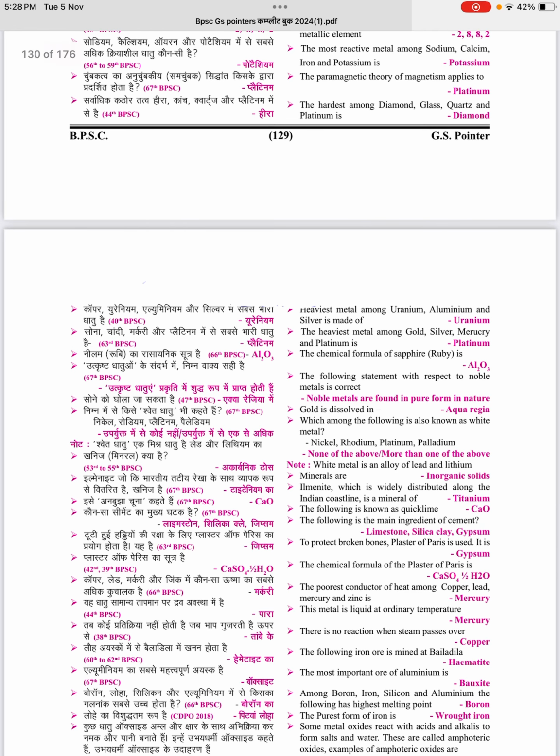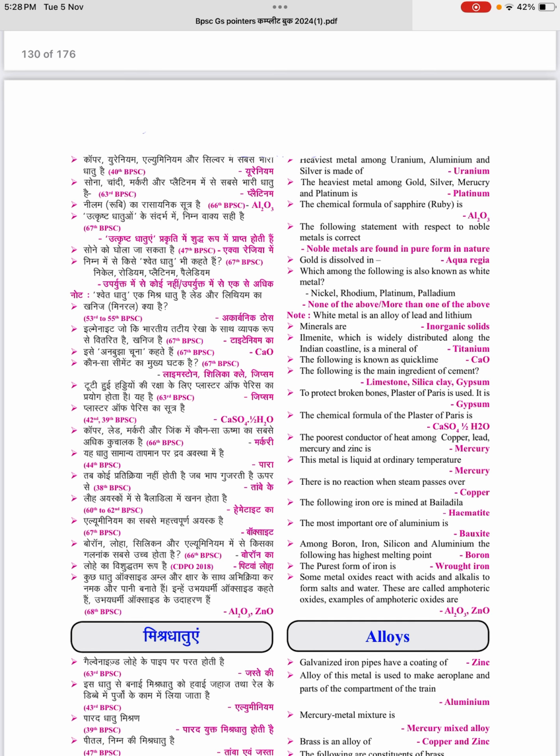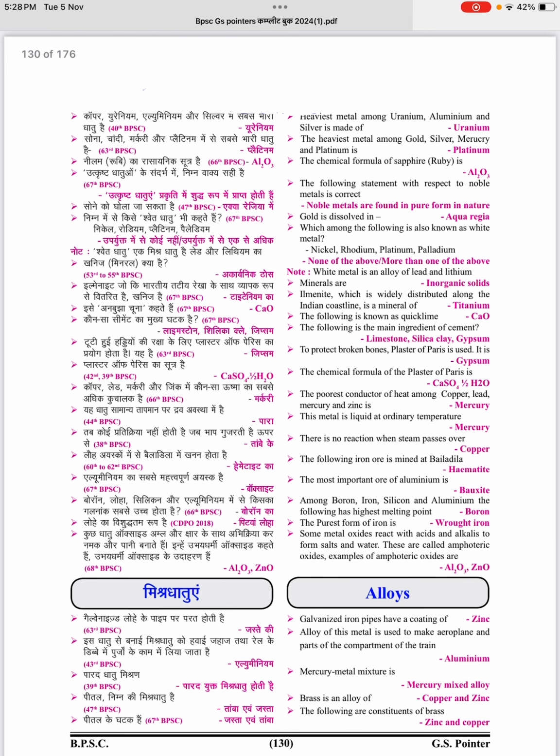The paramagnetic theory of magnetism applies to platinum. The hardest among diamond, glass, quartz and platinum is diamond. The heaviest metal among uranium, aluminium and silver is uranium. The heaviest metal among gold, silver, mercury and platinum is platinum.